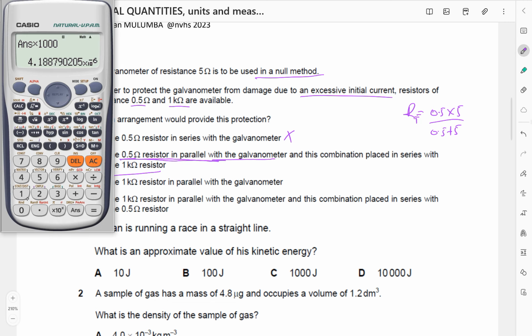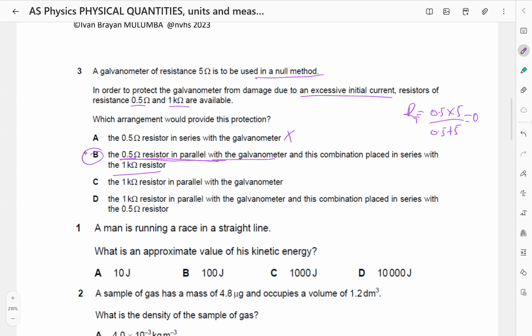So this is a value of resistance which is 0.45, actually 0.46. By the way, it reduces the resistance, but then this combination is placed in series with 1 kilo ohm, so we just add plus 1 kilo ohm, that is plus 1000. So total resistance here is higher.